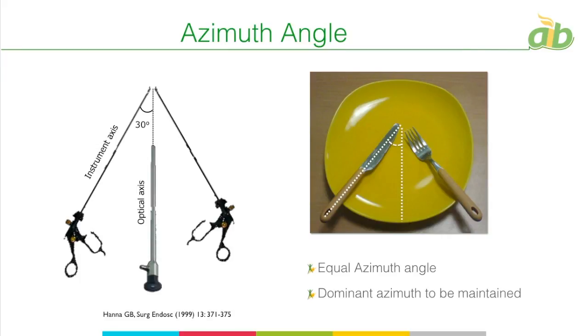So when we perform an act of eating using our fork and knife, the best way to hold the fork and knife, place them on the table, or pick it up and help ourselves perform is when the azimuth angle is at 30 degrees. So replicate the same in laparoscopy, you will have the best performance.